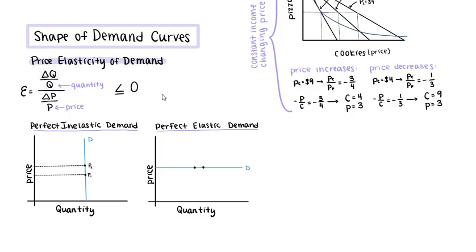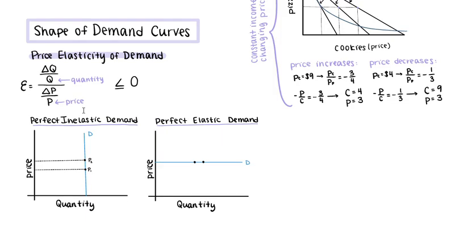So that is minus 3 of epsilon. It's just a concept of how sensitive consumers are to price change.